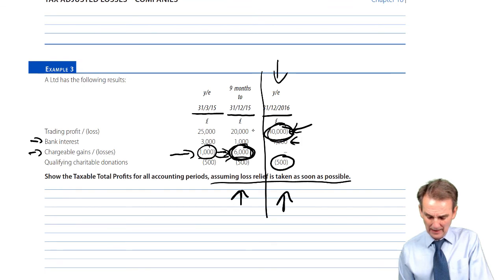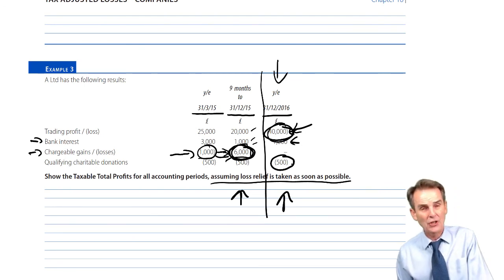Well, what would we have there? 20,000, another £1,000 of interest income. That capital gain would have gone down to 5,000. So we would have therefore 20 plus 1 plus 5 is 26,000. We had £39,000 worth of loss left over from the 40, having relieved in the current period. So all of those profits would go.